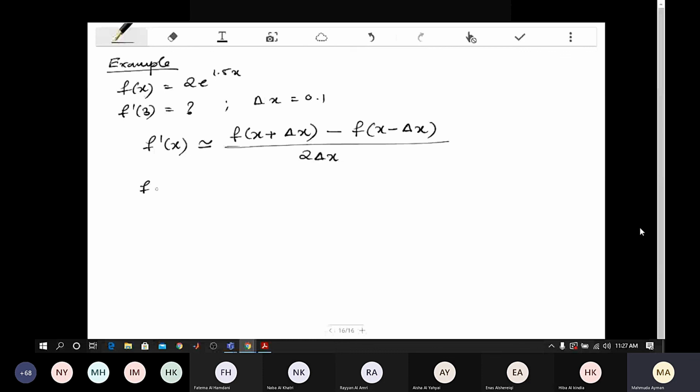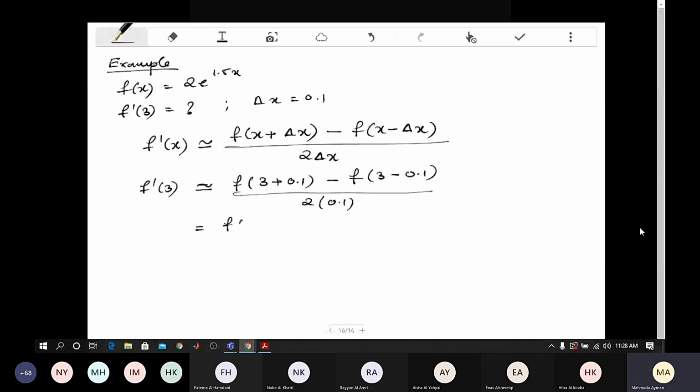And if you're finding the approximate value of the derivative of the function at x is equal to 3, we'll have f of 3 plus delta x, which is 0.1, minus f of 3 minus delta x, which is 0.1, divided by 2 times delta x, which is 0.1. So can you give me the value for this one here?